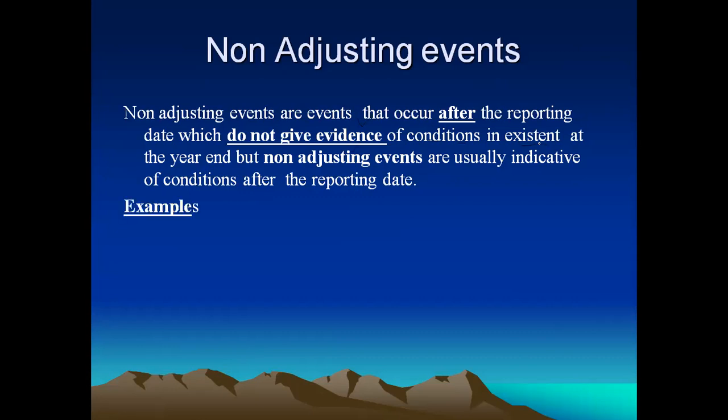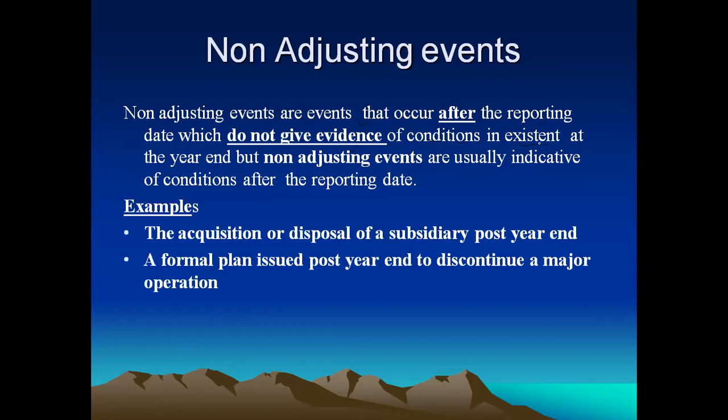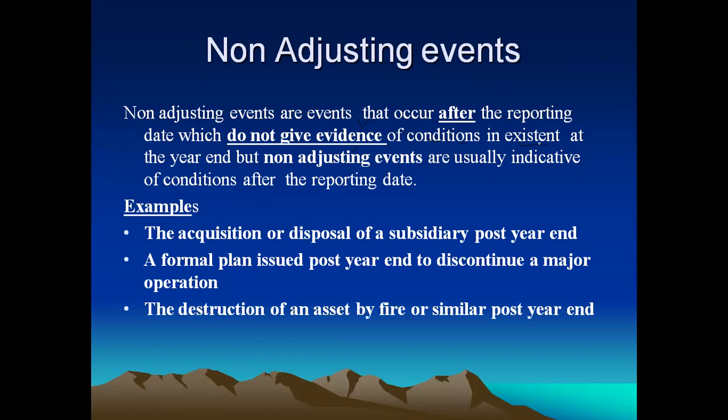Let me show you an example of a condition that is indicative, that is very clear. Let's use my third example: destruction of an asset by fire or similar, post year end. Let's say the stock was destroyed by fire. Let's say we had a stock of $10,000.